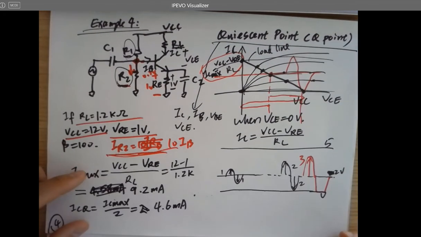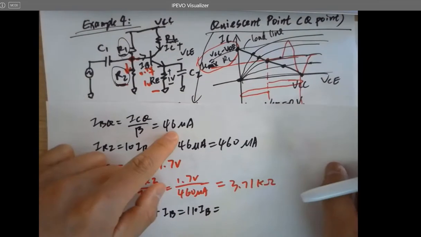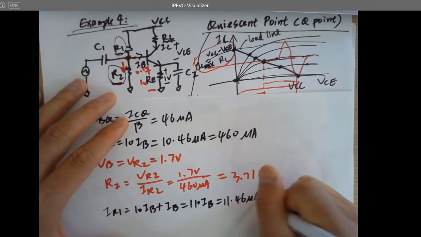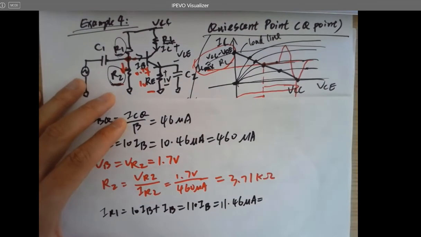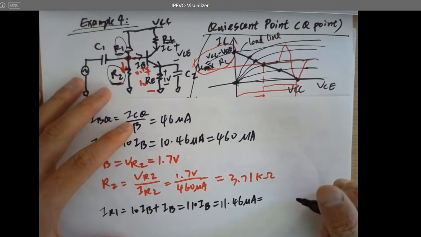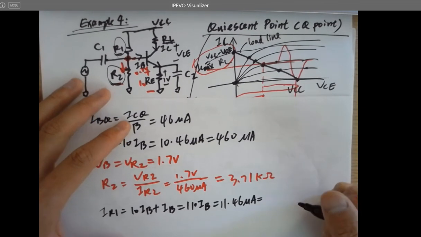We need to know IB first. Do we know IB? Yeah, so it's 11 times 46 microamps, which is, oh, I didn't calculate it. You can calculate it, right?